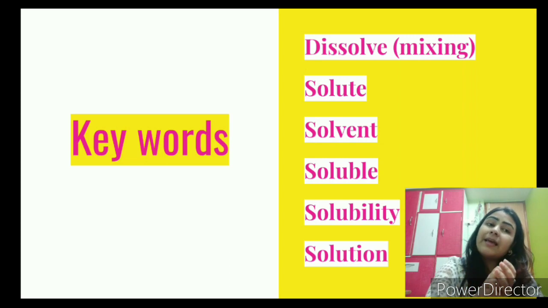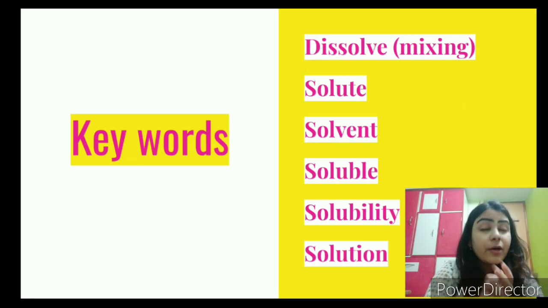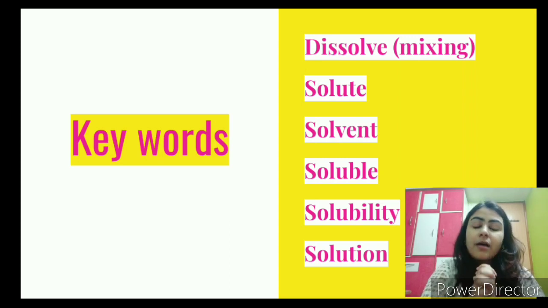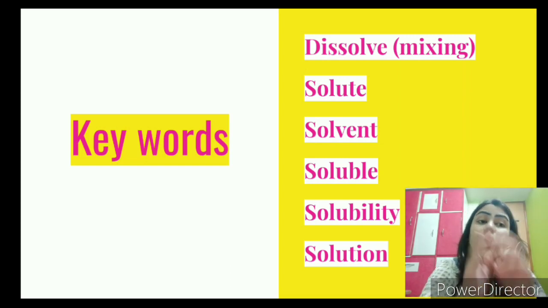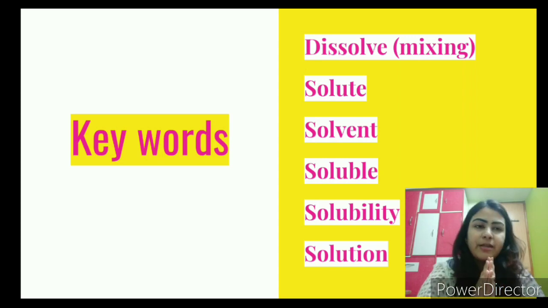Solvent, the liquid in which the solute mixes. Soluble, substances mixing or dissolving in a solvent. Solubility, capacity of being soluble, that is capacity of mixing. And what is solution? Solution is the new product that we get after mixing.